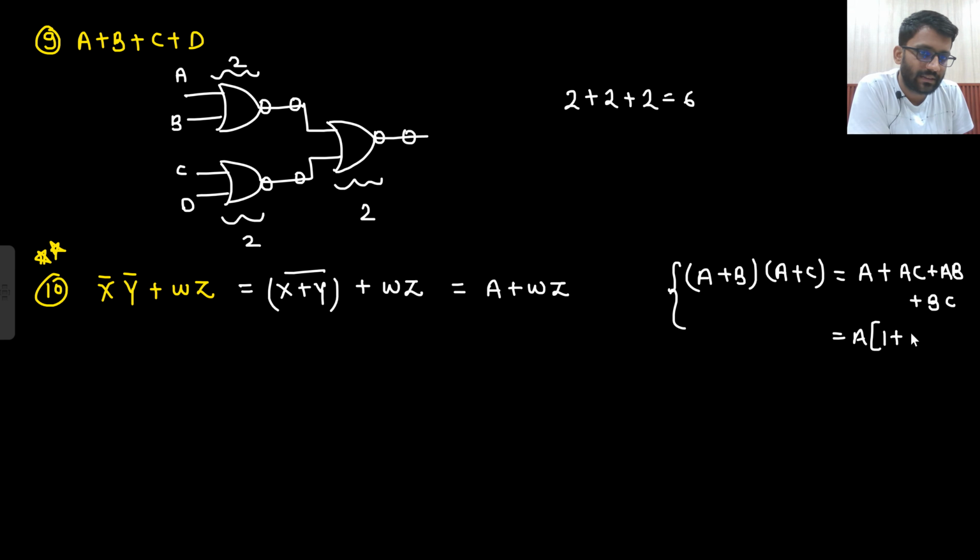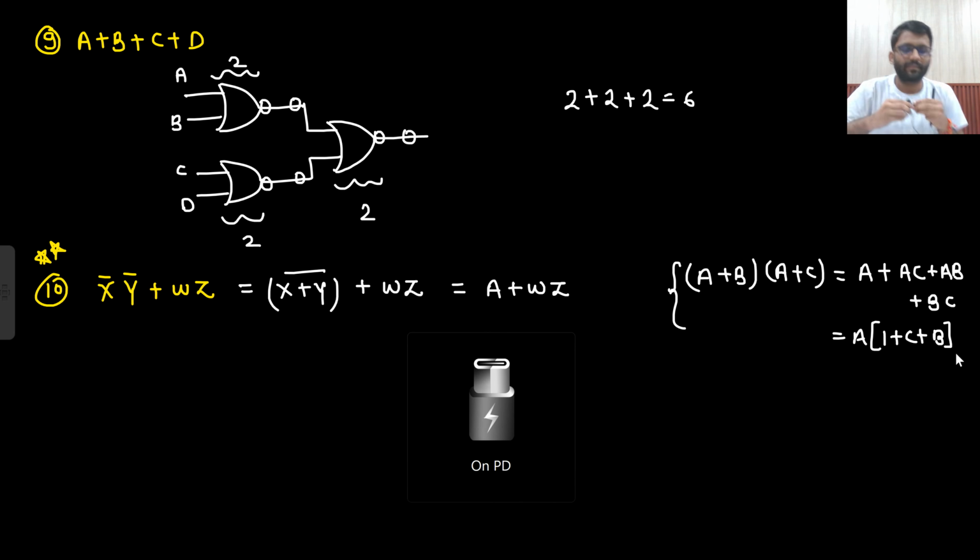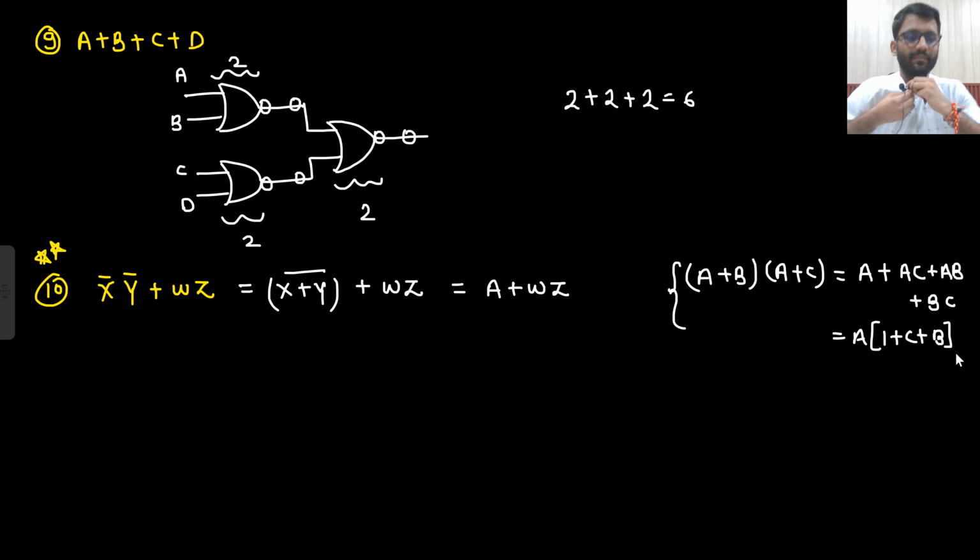So 1 plus C plus B. Wait a second. So A into 1 plus C plus B plus BC. So what you are getting? A plus BC. Right? What you are getting?